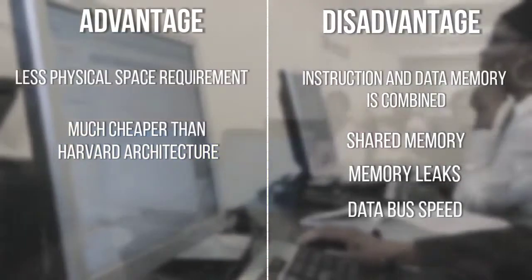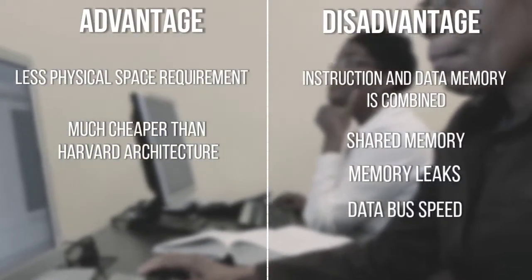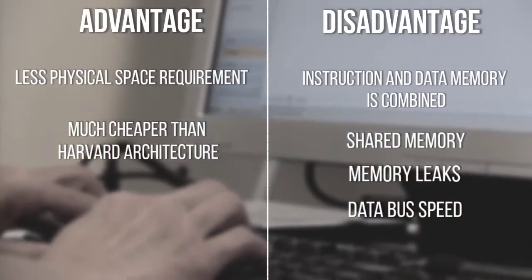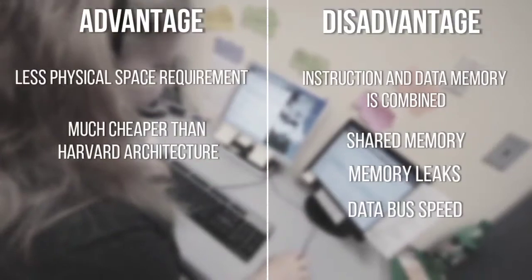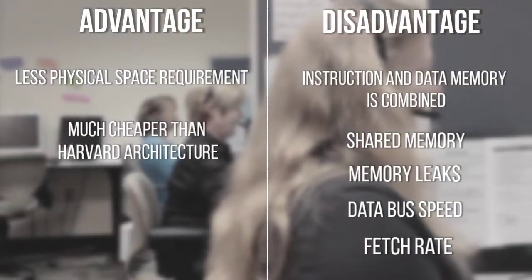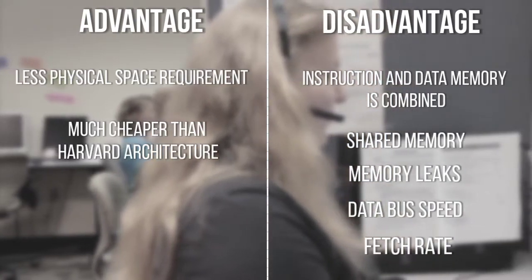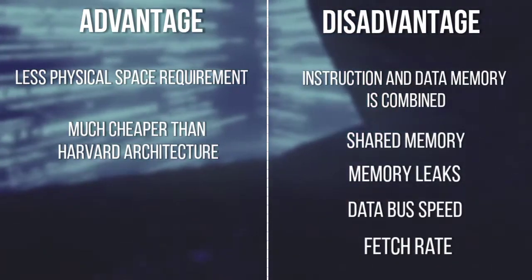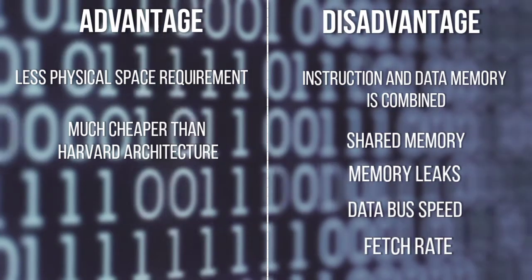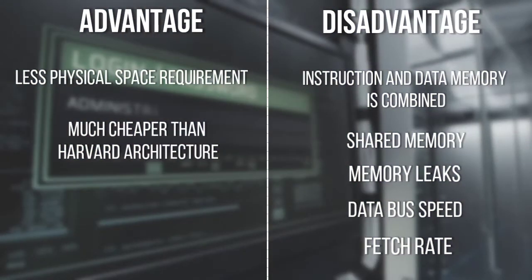Data bus speed: the CPU is much quicker than the data bus, which means it is always idle. This is the von Neumann bottleneck. Fetch rates: the same data bus is shared by data and instruction, but the rate at which each must be accessed is often somewhat different.